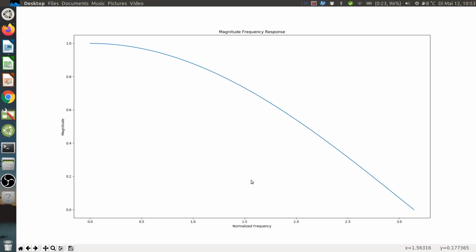So if you have a sinusoid at normalized frequency 0.5, which is roughly 1/2 Nyquist, then you go up and you can read it out. So here on the screen you can see y equals 0.7. So here it would multiply the magnitude of all the sinusoids at that frequency with a factor of 0.7, right? Which is about square root of 0.5.